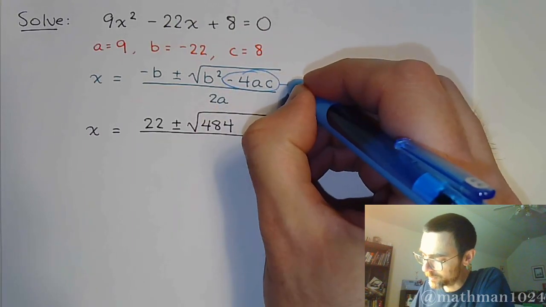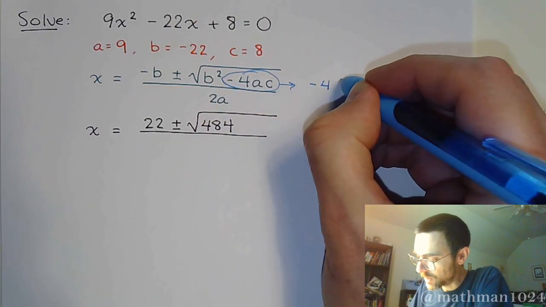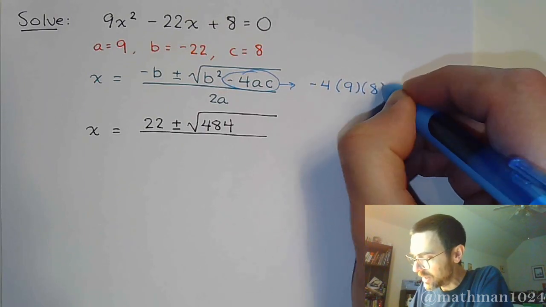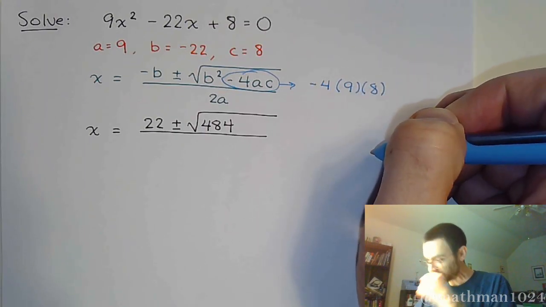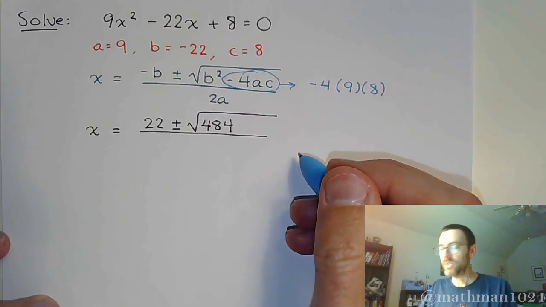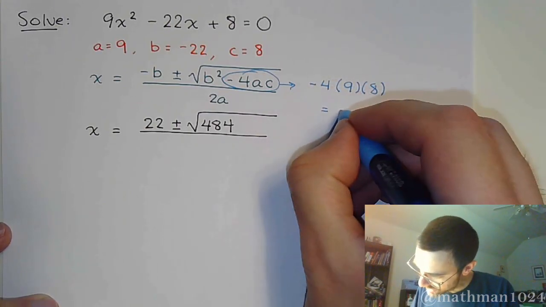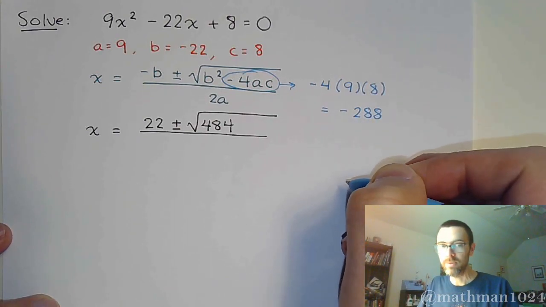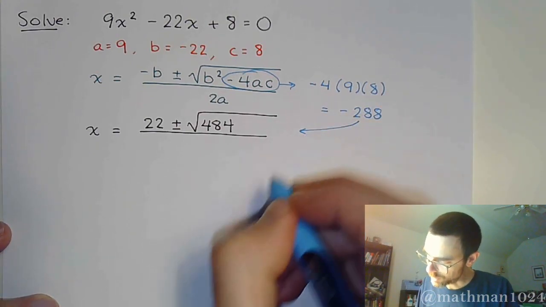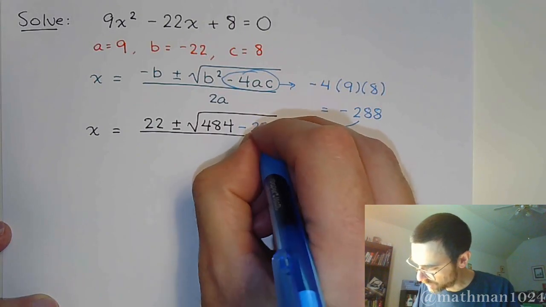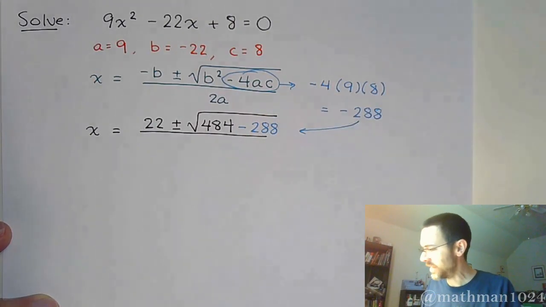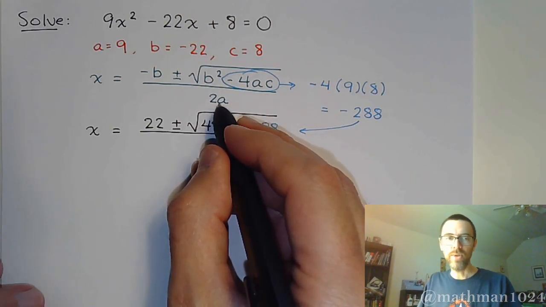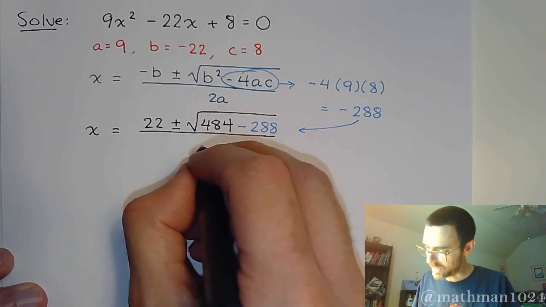I'm sure you were. All right, so that's negative 4 times a, 9, times c, 8. So when you multiply this, you end up with negative 288. So put that in here, minus 288. And all over 2a, so 2 times 9 gives me 18.